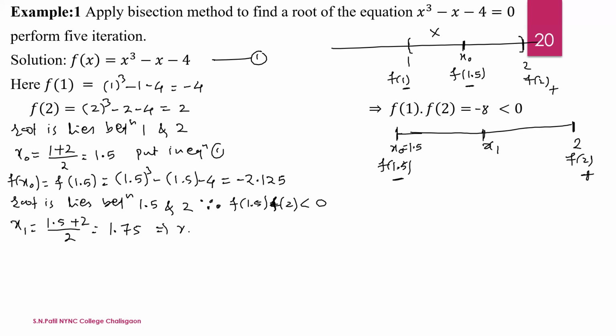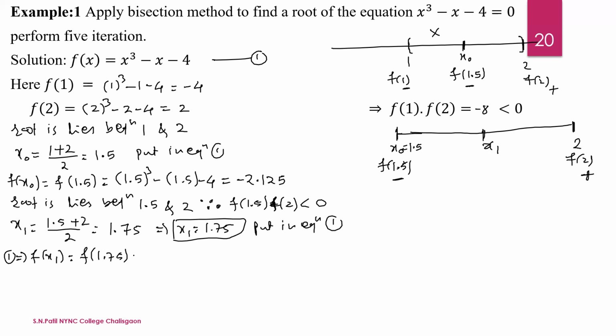Now put this value, x1 is equal to 1.75, in equation 1. Substitute here. The equation 1 is f of x1, f of 1.75, is equal to 1.75 raised to 3 minus 1.75 minus 4.